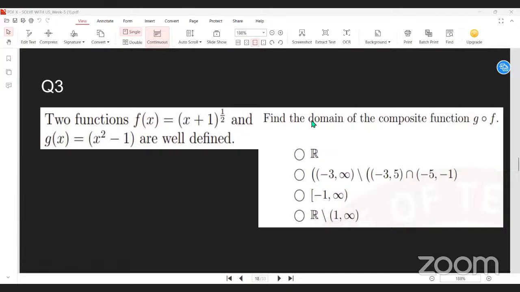So everyone got that in this we need to find the domain of g of f of x. And this is an MSQ question, multiple select.